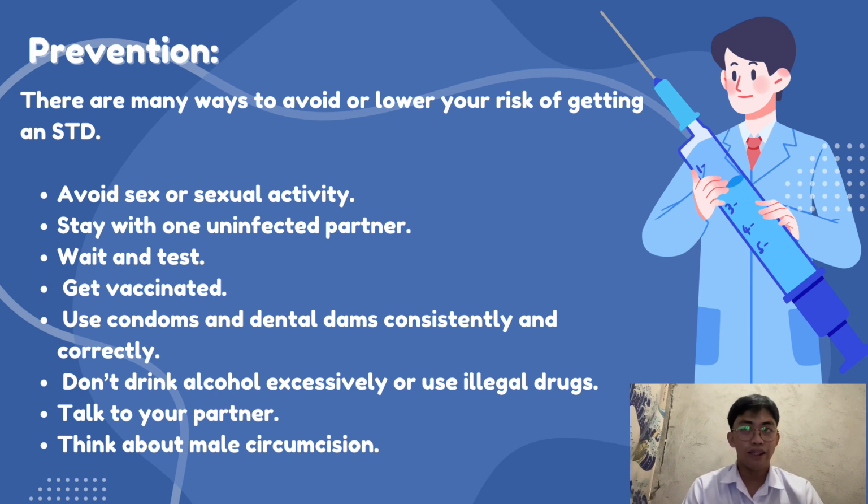Get vaccinated. Use condoms and dental dams consistently and correctly. Don't drink alcohol excessively or use illegal drugs. Talk to your partner, and the last one is to think about male circumcision.